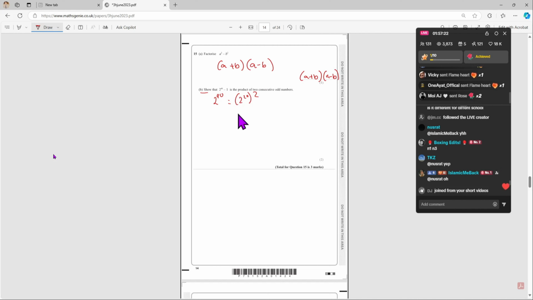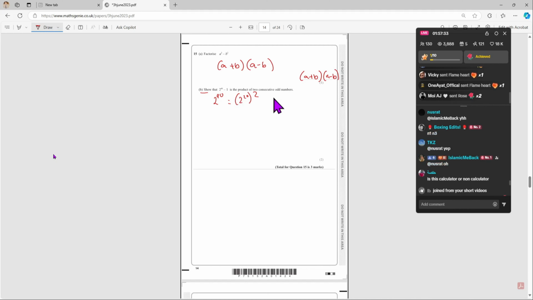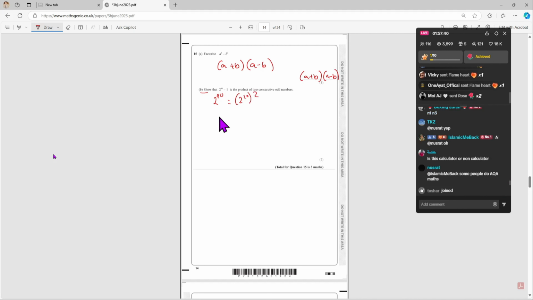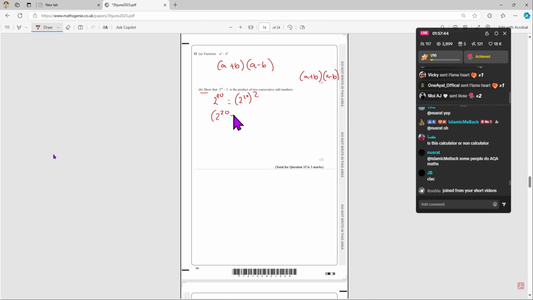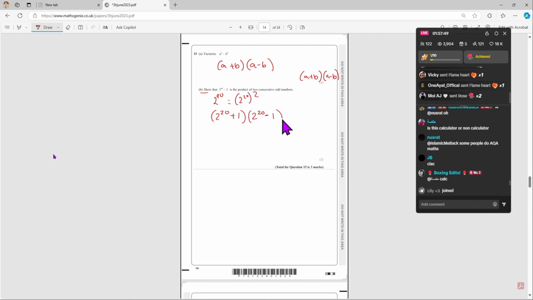Once you have done that, it is a difference of two squares, so we can write this as 2 to the power of 20 plus 1, and then 2 to the power of 20 minus 1.